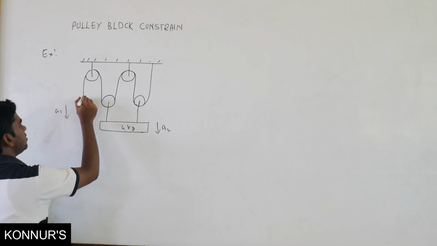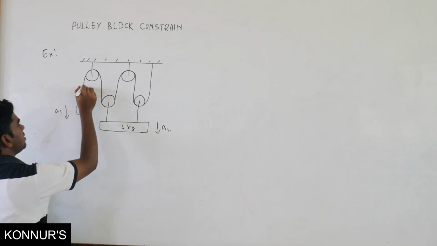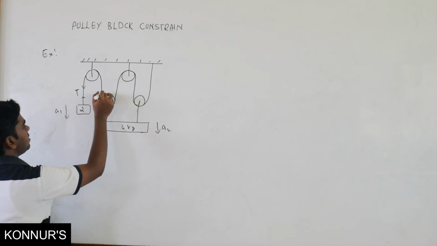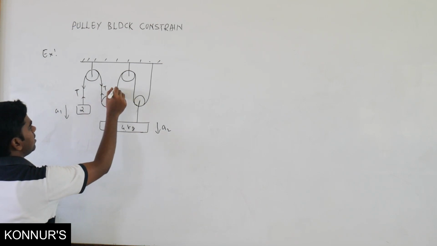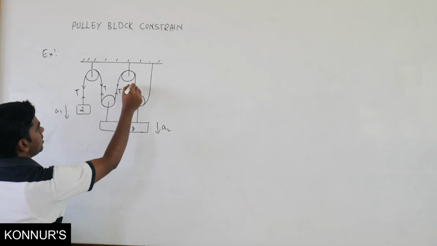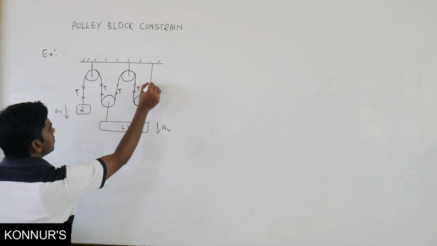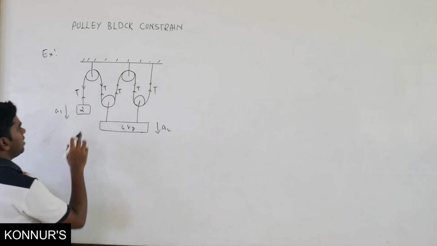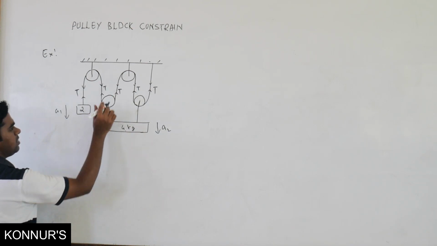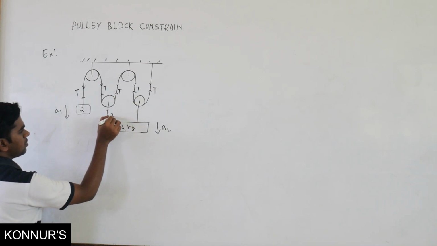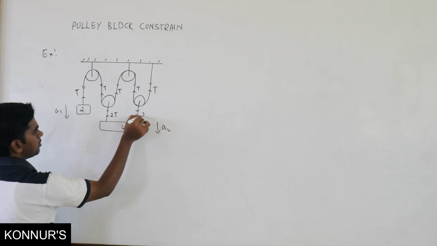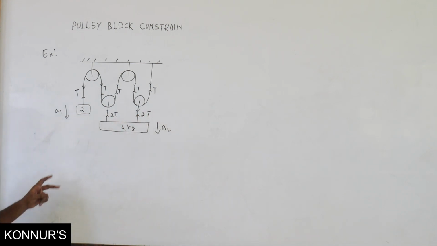Here the tension you can take as T. If here it is T, here also it is T. Here also tension is T. If here T and T are there, then here the tension is 2T, and here also the tension is 2T.